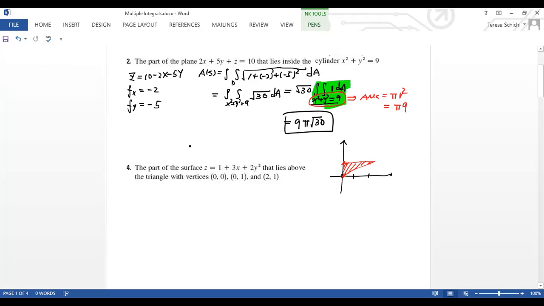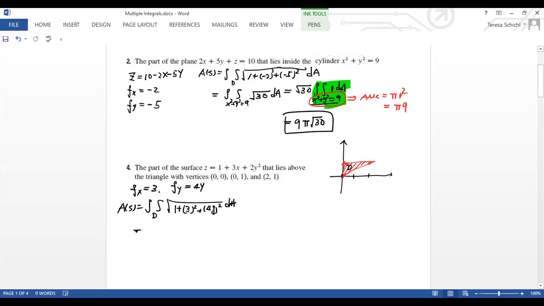So what is the partial x here? It will be 3. The partial y, with x constant, is 4y. Then the surface area is the integral over this region D of the square root of 1 plus partial x squared plus partial y squared, dA.